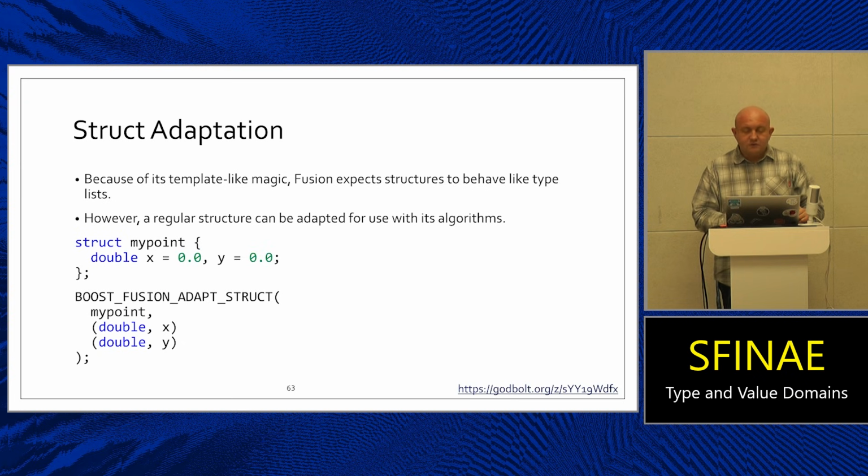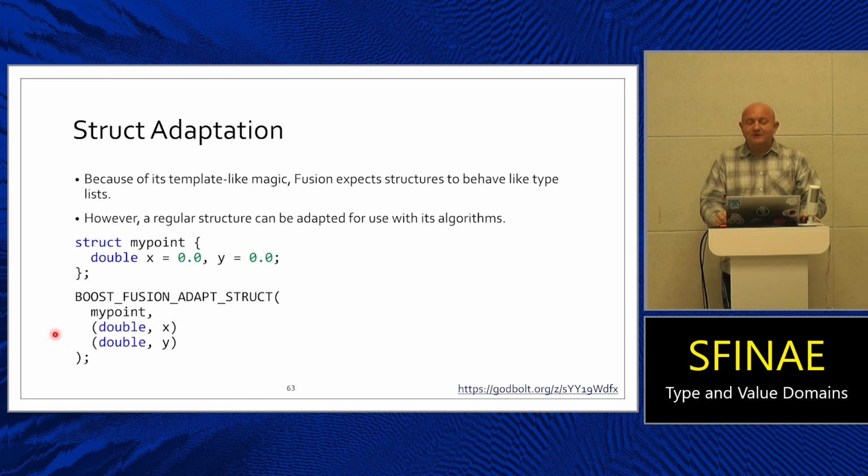You usually have a struct, say, a point with x and y. Now, Fusion has this wonderful mechanism called struct adaptation. You just tell it this structure behaves like a tuple. And from that moment on, Fusion knows how to work with it.